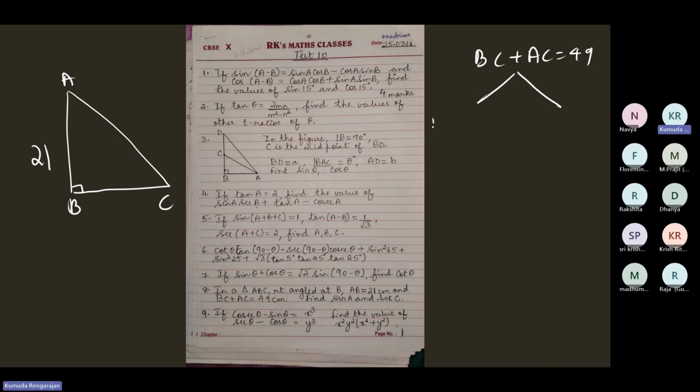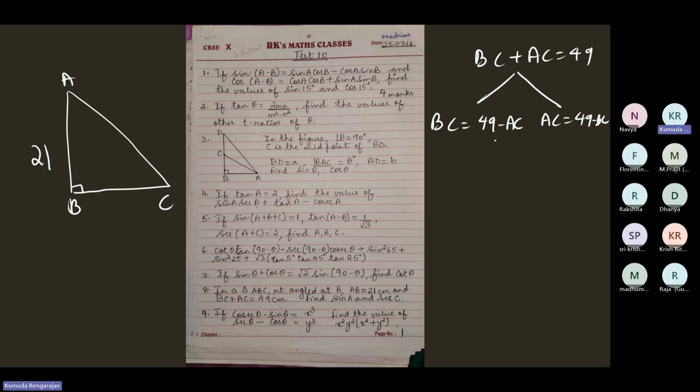You can either write BC is equal to 49 minus AC, or you can write AC is equal to 49 minus BC, any one of the two.